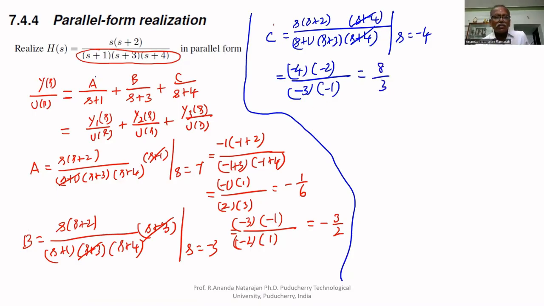Therefore, the given transfer function becomes: instead of A, minus 1 by 6; instead of B, minus 3 by 2; instead of C, you have to consider 8 by 3.